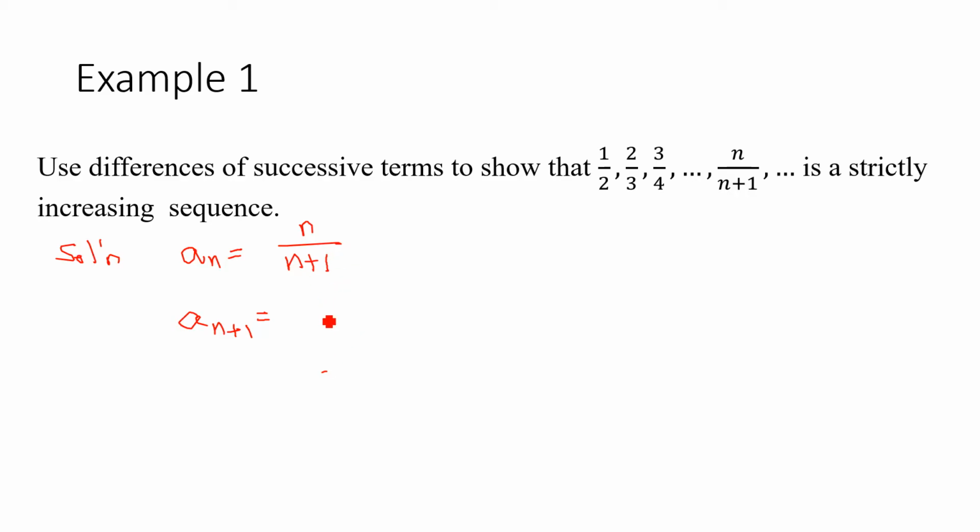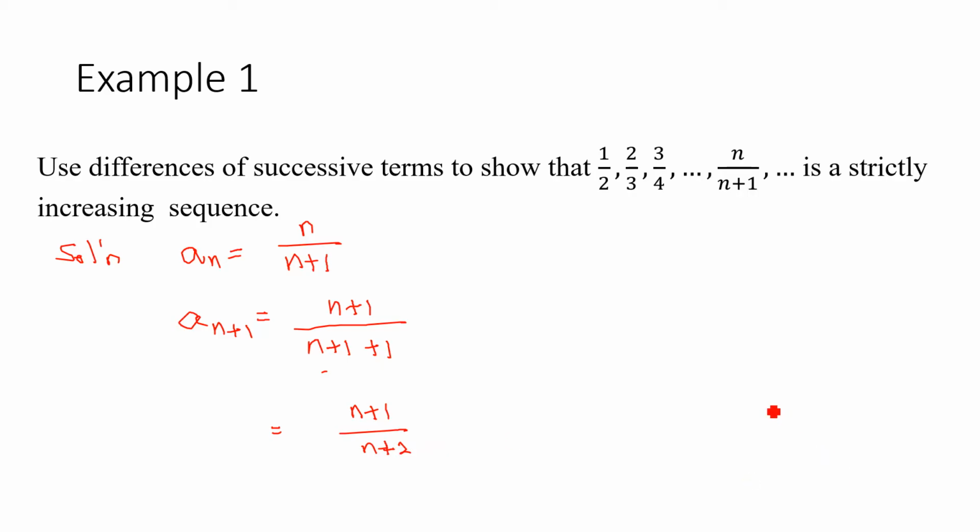So adding 1 here, we have n plus 1 all over n plus 1 plus 1, which gives n plus 1 over n plus 2.